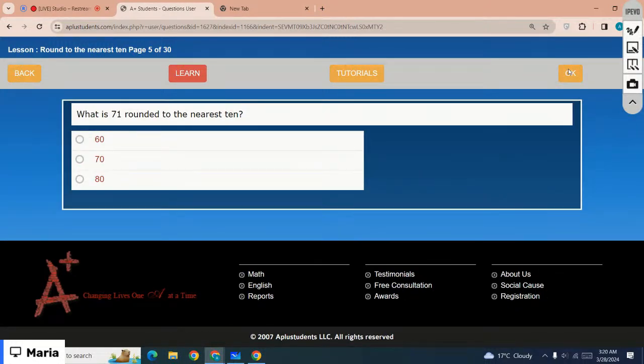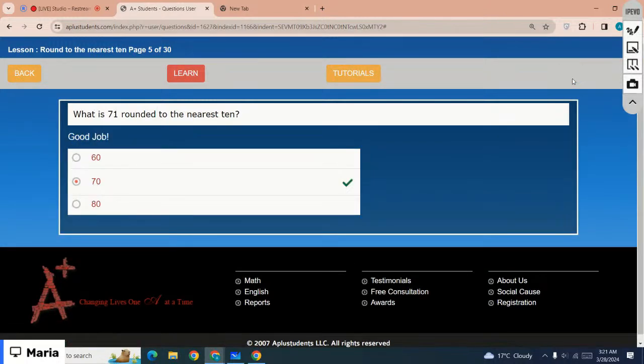What is 71 rounded to nearest 10? So which is the correct option? 71 is rounded to which 10? Yes, very good. The correct option is 70. 71 is rounded off to 70.